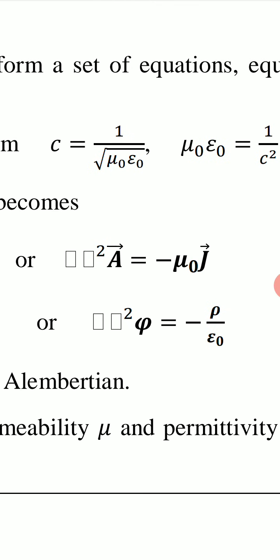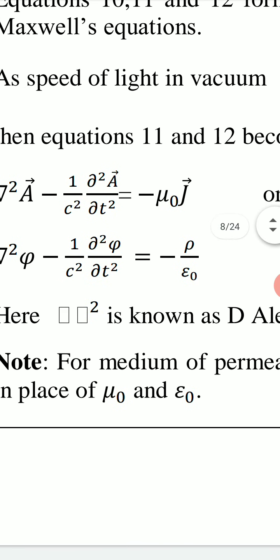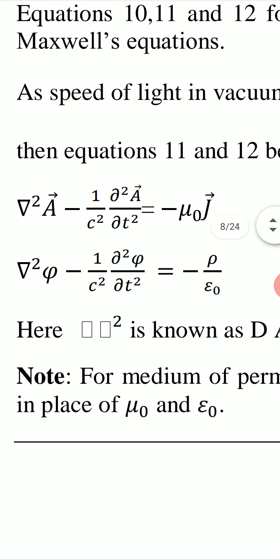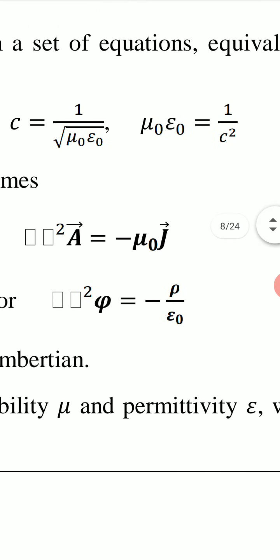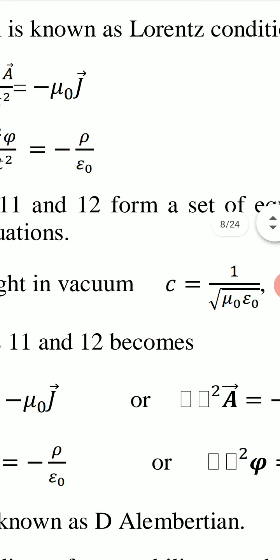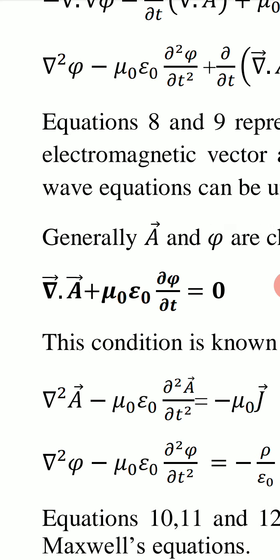In short, D'Alembertian A equal to minus mu 0 j and D'Alembertian phi equal to minus rho upon epsilon 0. So these are the wave equations for electromagnetic vector potential A and scalar potential phi, and this is the Lorentz condition: del dot A plus mu 0 epsilon 0 delta phi upon delta t equal to 0.